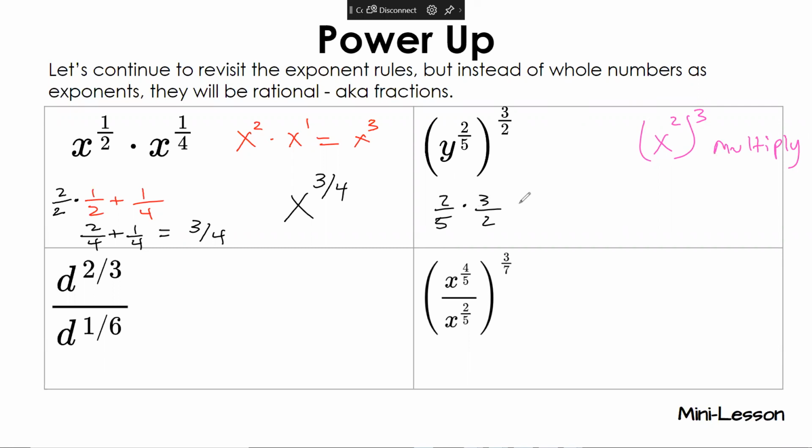So 2 times 3 is going to give me 6. 5 times 2 is going to give me 10. Can I simplify that fraction at all? Is there something that both the top and the bottom are divided by? Right? What is it? 2. So we're going to divide both of these by 2. And so that's going to give me 3 in the top and 5 in the bottom.